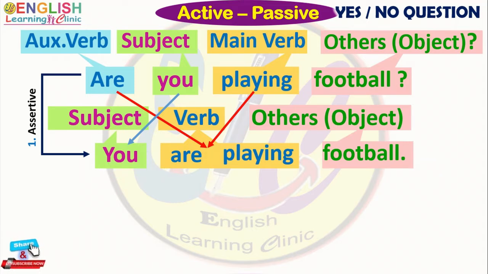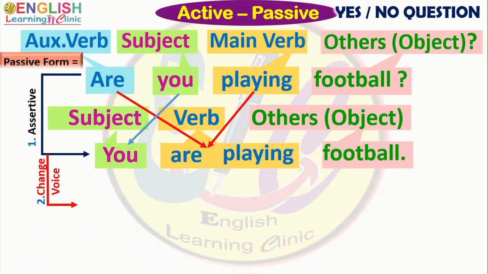Next, just change the voice of the verb in this sentence. To change the voice of this verb, you have to first judge whether the verb is in active voice or in passive voice. Let's judge. Look at this structure. You have already learned in the second class the passive form of the verb is be verb, and next comes the third form, that is the past participle form of the main verb.